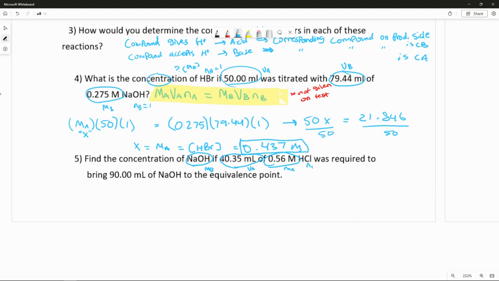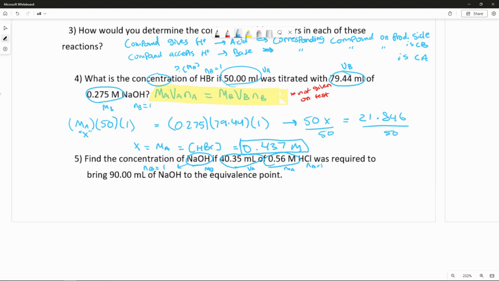We know that Na equals 1. Same for sodium hydroxide. We talked about this in the previous problem. The Nb is going to be 1. So I'm just going to side note, Nb equals 1.